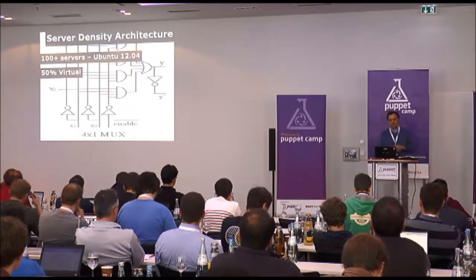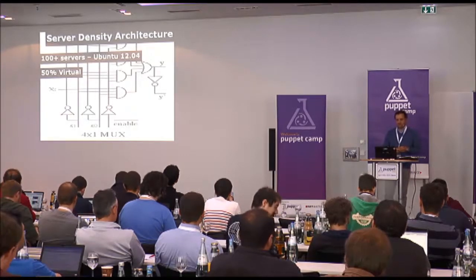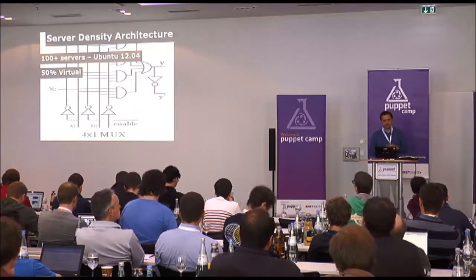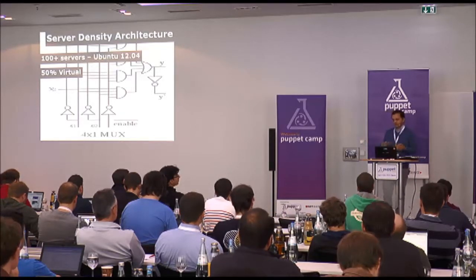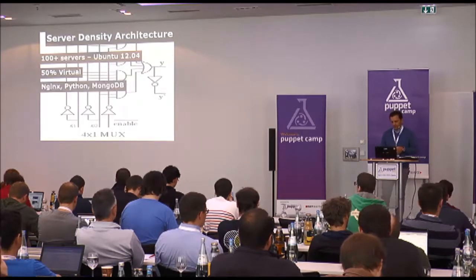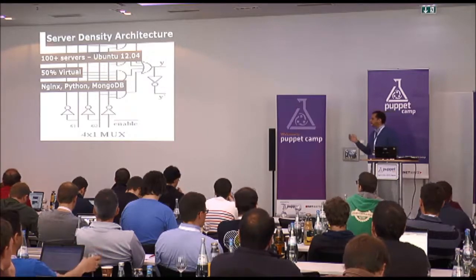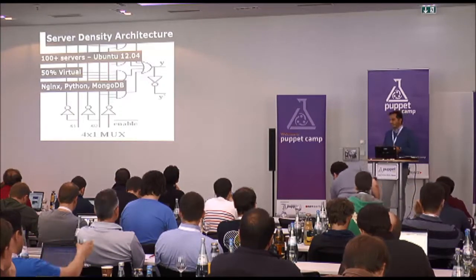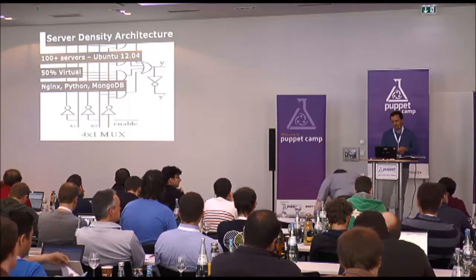About 50% of these servers are virtual, the other 50% are dedicated servers that we run entirely ourselves. The only thing that we don't run, and I'm glad we don't, is the networking part, which we get completely from our hosting providers. But the servers are all run by us. The workload is basically nginx, Python behind all sorts of WSGI servers, and MongoDB is probably the backbone of our infrastructure.